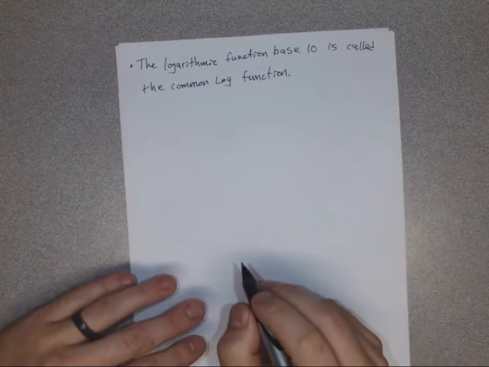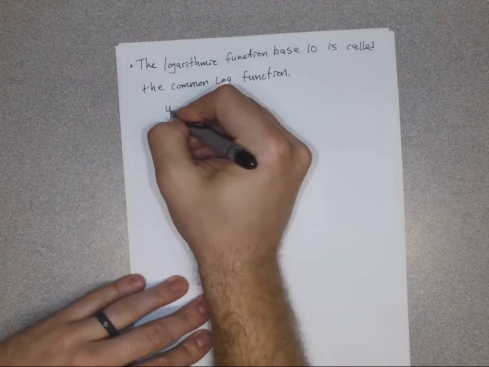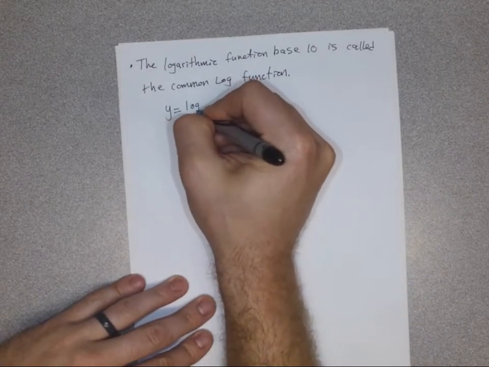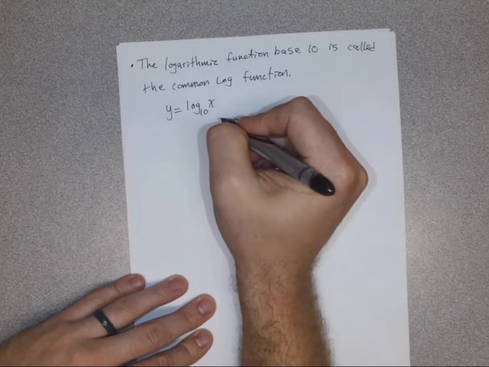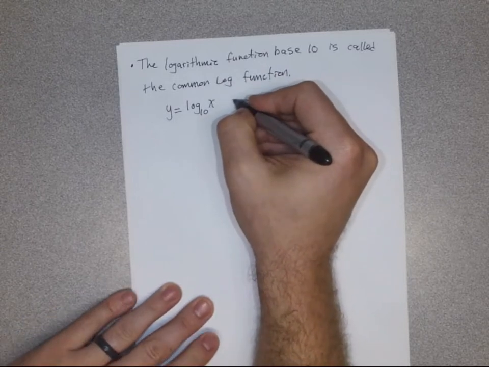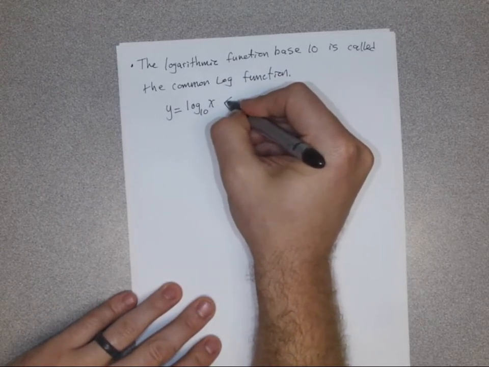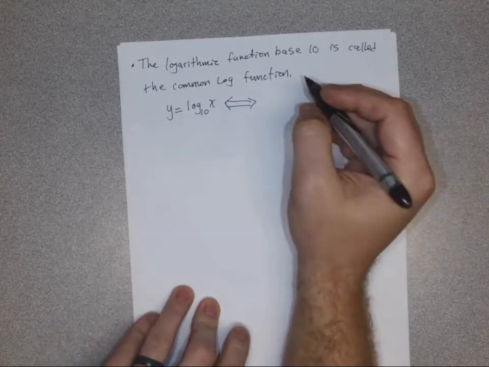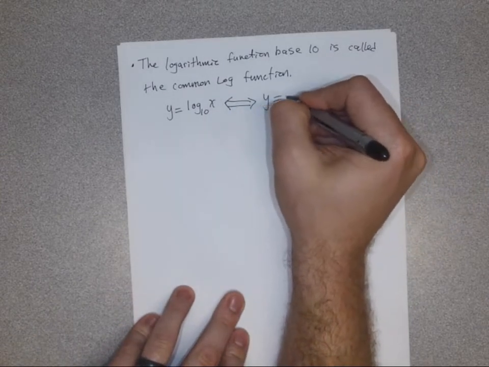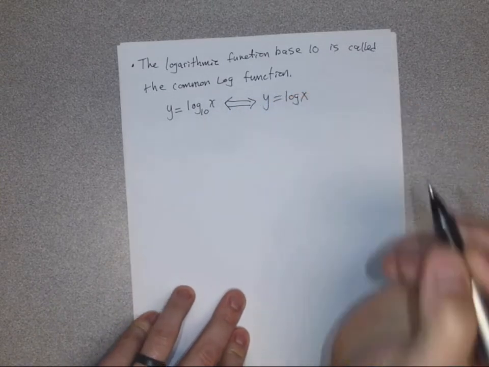So what this says is if we're given y equals log base 10 of x, then that's equivalent to the same thing as y equals log x.